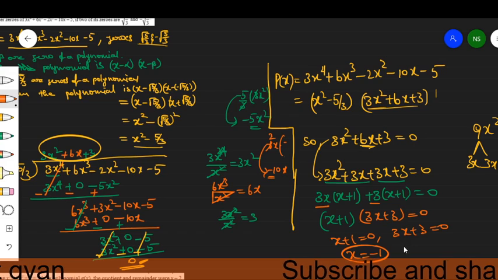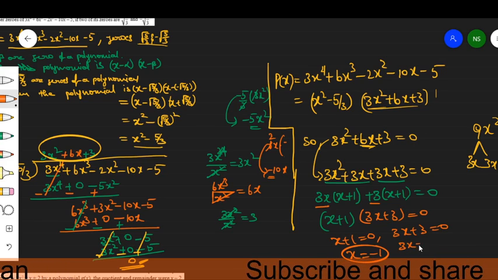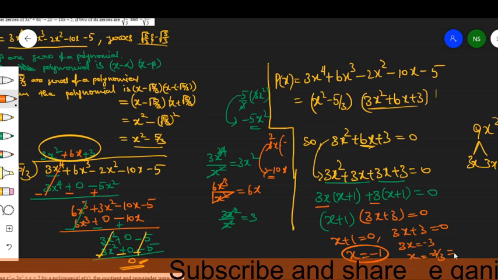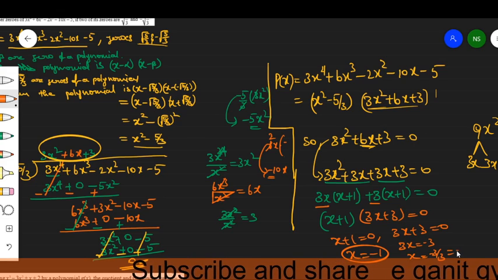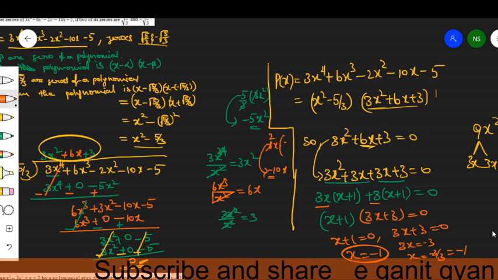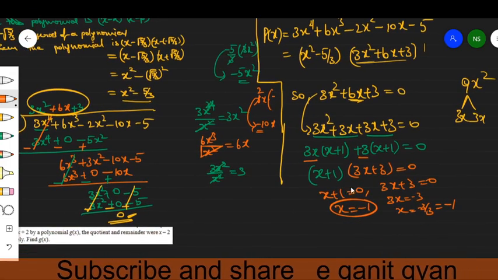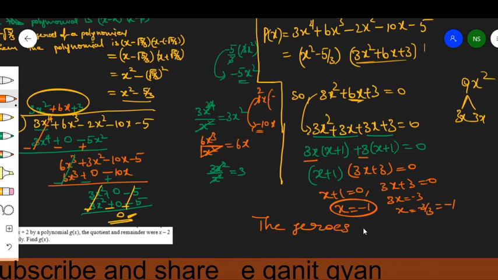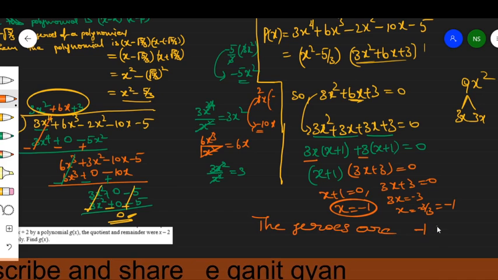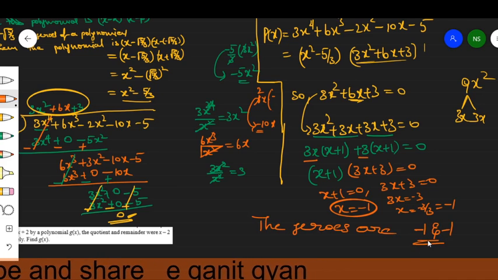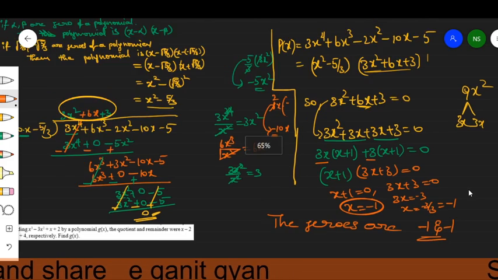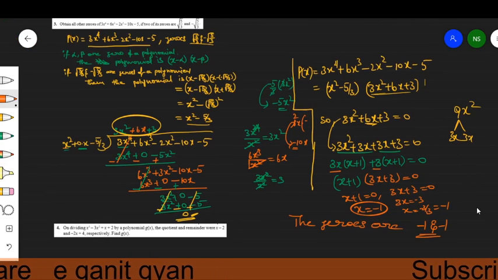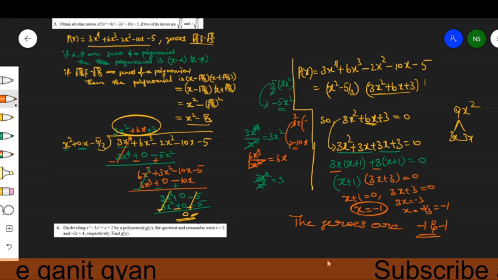Here 3x equals −3, so x equals −3/3, which is again −1. So the solution: the zeros are −1 and −1. Like that we will find the remaining zeros, and this is the full solution. Okay, let us move to the next question.